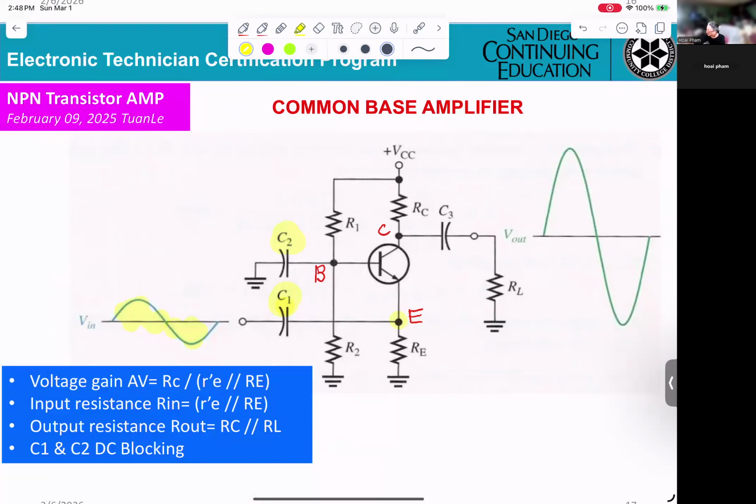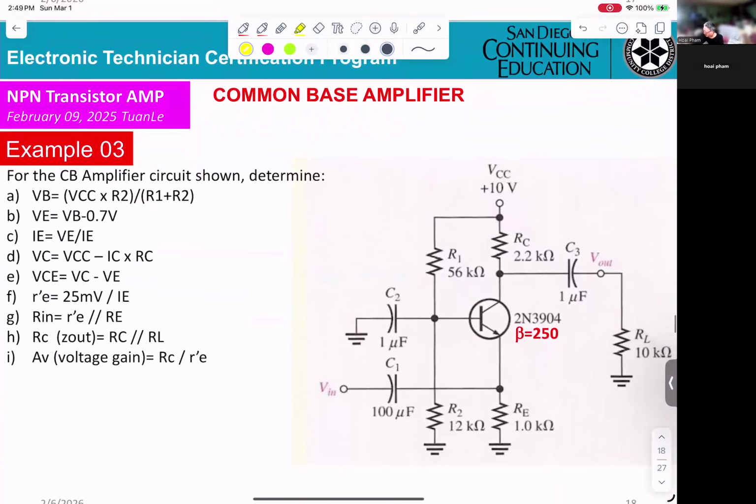Okay? And if you get the input, they will both be in phase, both going up or both going down. Only they're telling you for the common base, you get the signal bigger. That's only telling you the gain will be high.